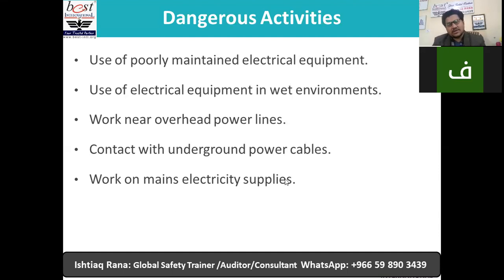Contact with underground power cables and work on mains electricity supplies. These are the dangerous activities, and there must be some sort of safe procedures or safe work system, especially the SOP, standard operating procedure, for working on these dangerous activities.